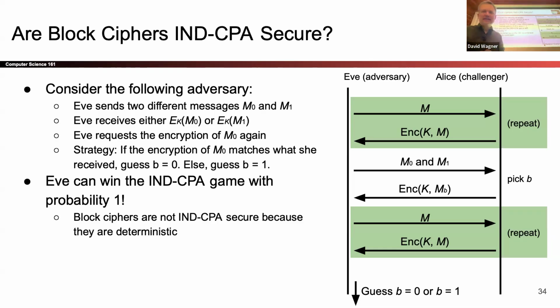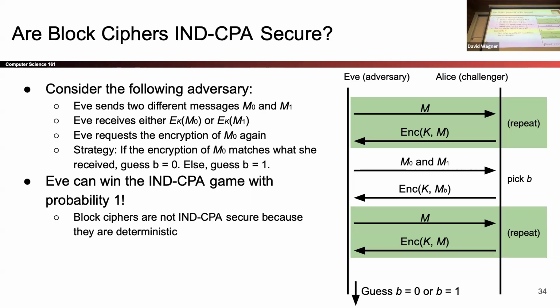Well, it turns out Eve can win this game by first asking for the encryption of, let's say, yes, and then asking for the encryption of no. So Eve learns those two encryptions. And then she tells Alice, please choose between yes or no and encrypt one of those two. And block ciphers are deterministic.